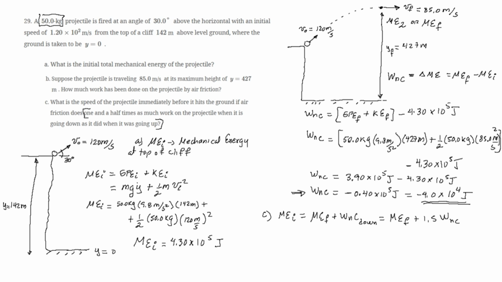Remember that we want to find the speed immediately before it hits the ground. Immediately before that, we have no gravitational potential energy final, so what I have is just kinetic energy. All the gravitational potential energy was converted to kinetic energy.